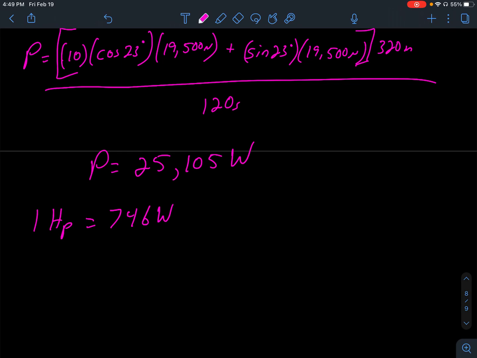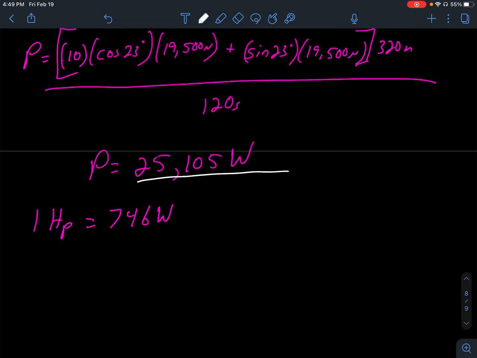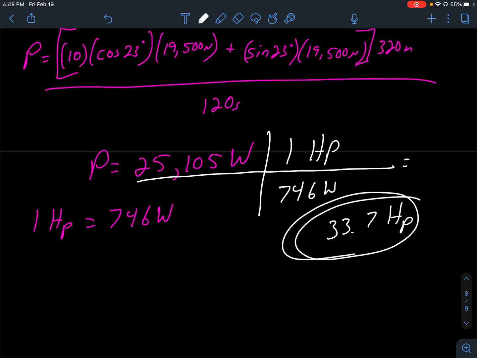So converting that, I'm just going to come up here, save some space, some time. So my 746 watts per 1 horsepower. Plug all that in, 33.7 horsepower, which is kind of a powerful motor.